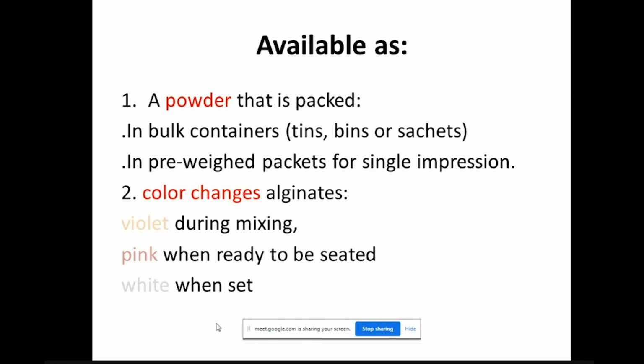Sometimes alginate is available with color change, meaning during the reaction the color of the alginate will change. What do you mean by this color change? It tells us the stage of the reaction.